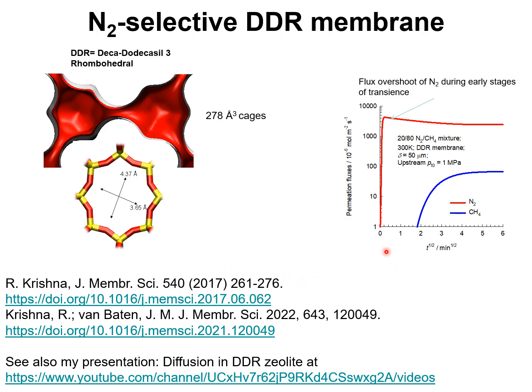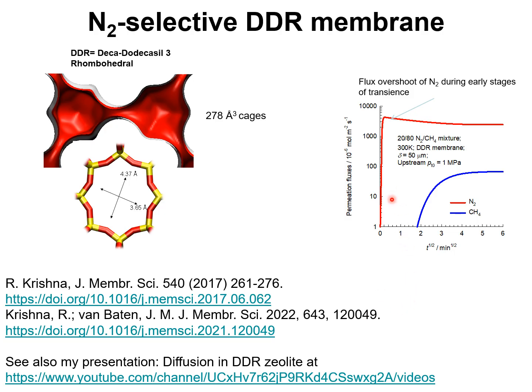And I show here simulations of the permeation fluxes plotted against the time. This is a transient permeation. And these calculations are performed using the Maxwell-Stefan diffusion equations.